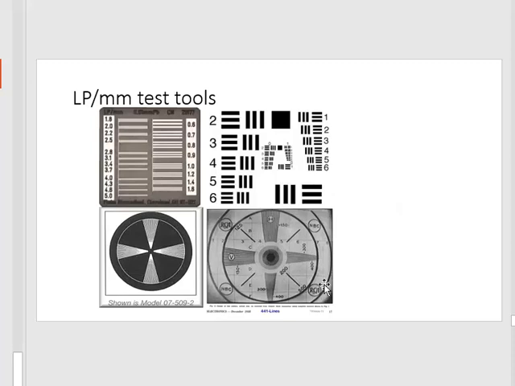And it kind of looks like this. Once in a while, you may see your television go offline, and you'll get a resolution pattern that looks like that. This is what we talked about in class, the STAR test pattern. These two are just line pair per millimeter test tools.